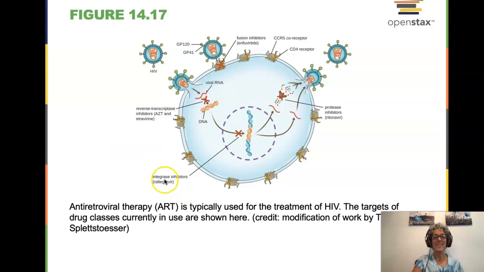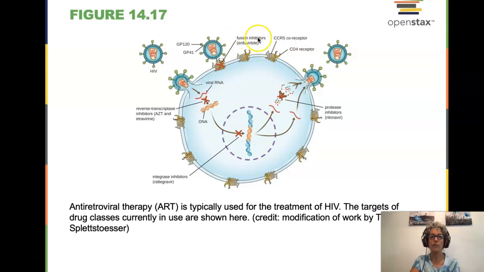We also have integrase inhibitors. In order to get the viral DNA into the chromosome requires the viral protein called integrase, because it allows DNA to integrate into our chromosome. If we block that, even though the viral DNA got made, if it cannot get into the host chromosome, then it won't get transcribed or translated.